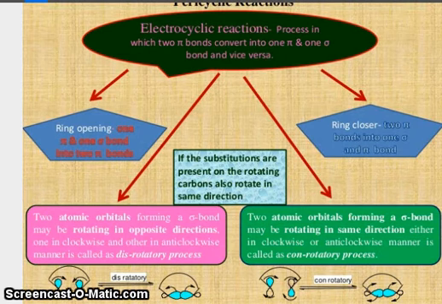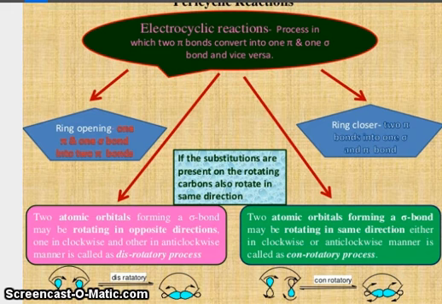Now, an electrocyclic reaction is a process in which two pi bonds convert into one pi and one sigma bond and vice versa: ring opening and ring closing. The substituents present on the rotating carbons also rotate in the same direction.